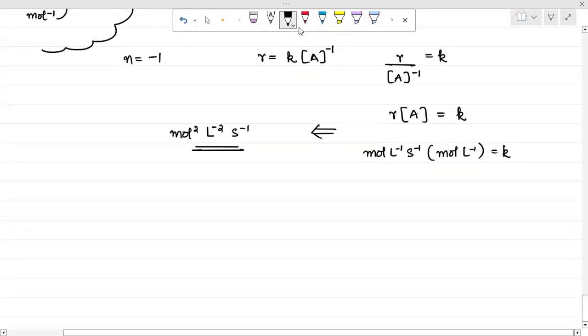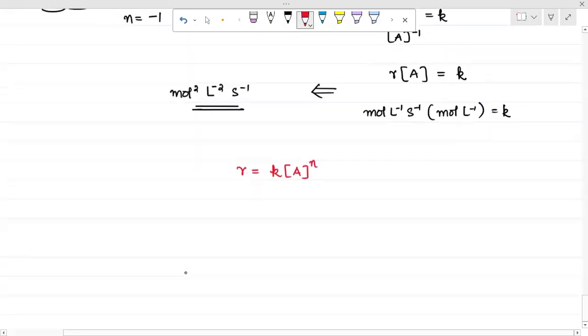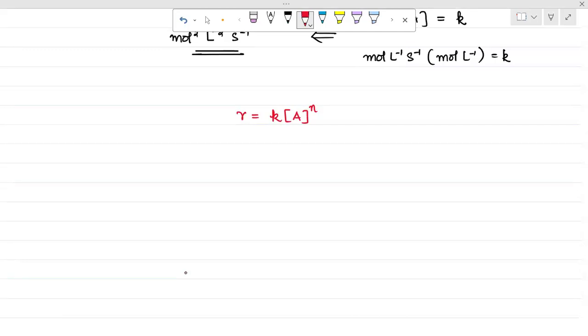Now please derive the general expression. Let's say that you have order n. R is equal to K into concentration of A to the power n. So how will we write it?